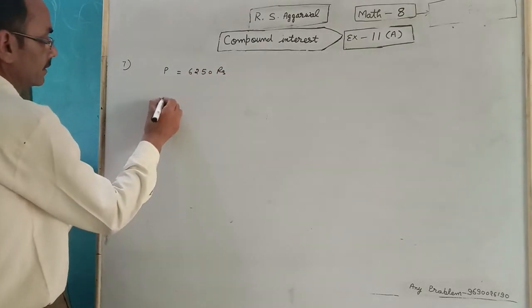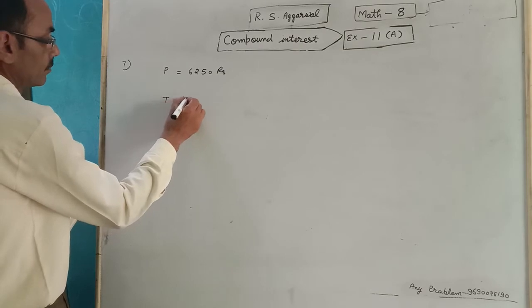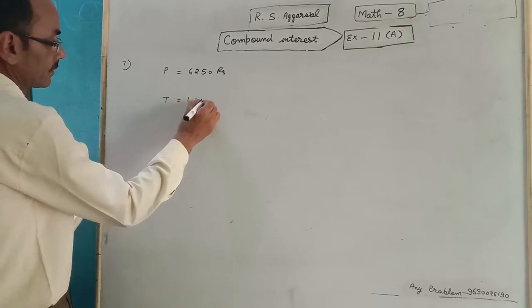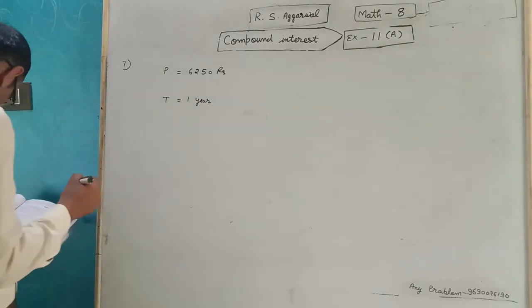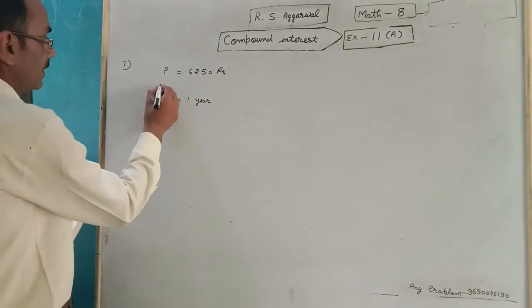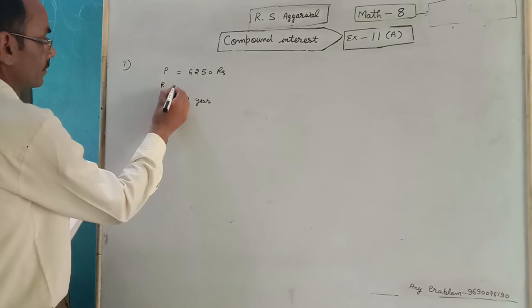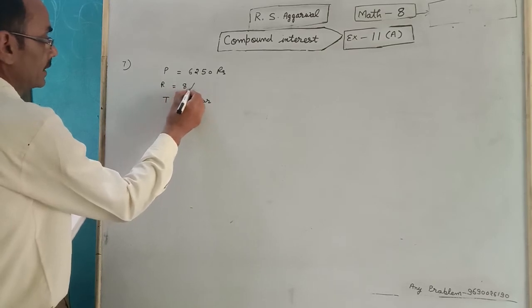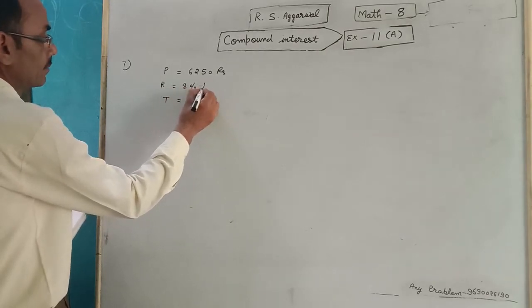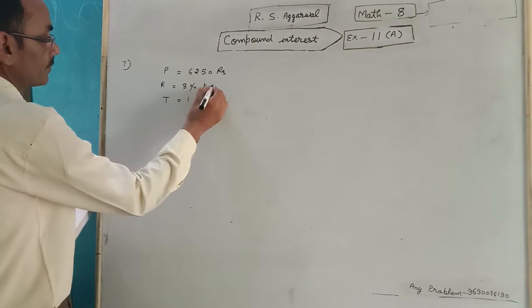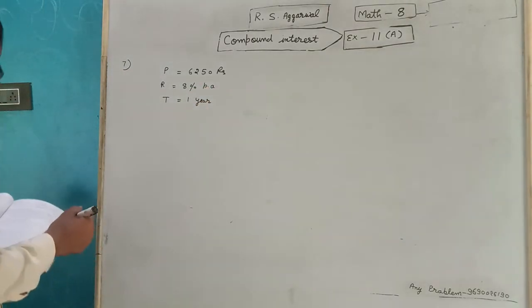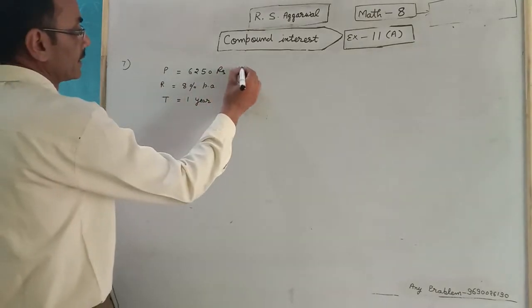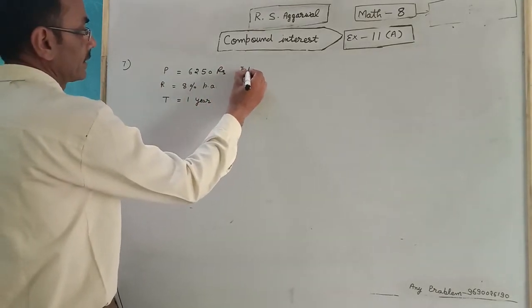Time is 1 year. R is equal to 8% per annum. But half yearly interest.